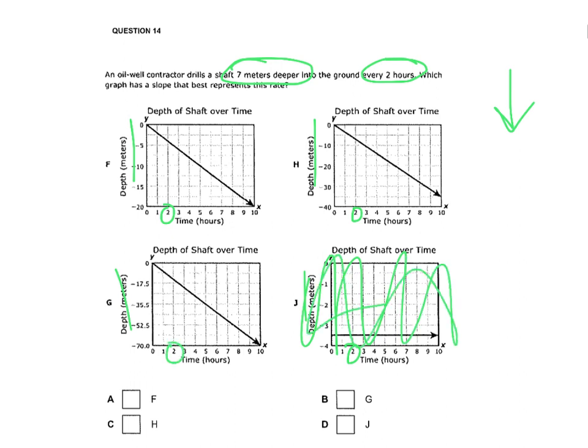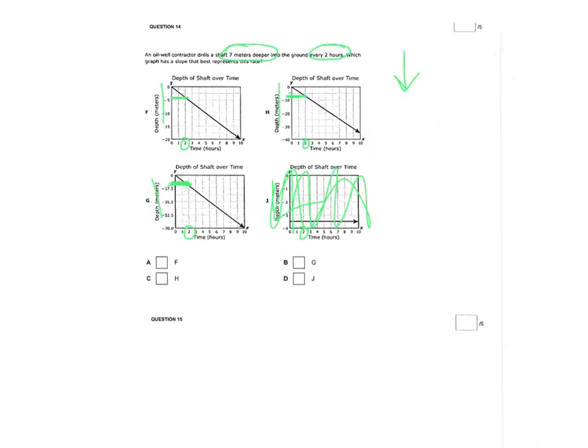Okay, so that means at 2 hours, my line should be crossing at about 7. So F is crossing at almost 5. Not quite, but almost. H is crossing, if that's 5, then maybe 7 or 8. And then this one's crossing at like 15 or 16.